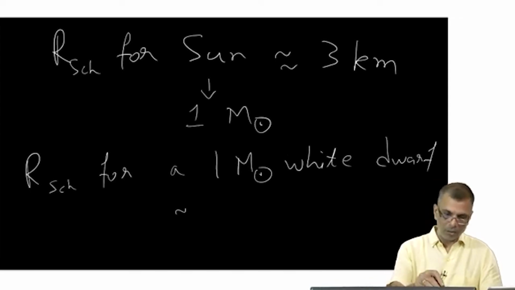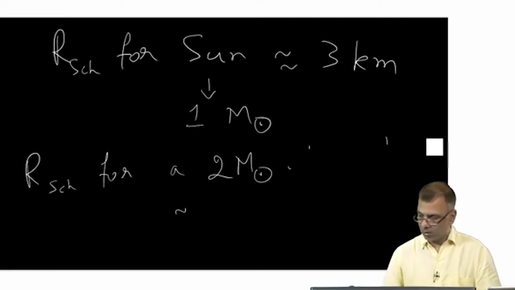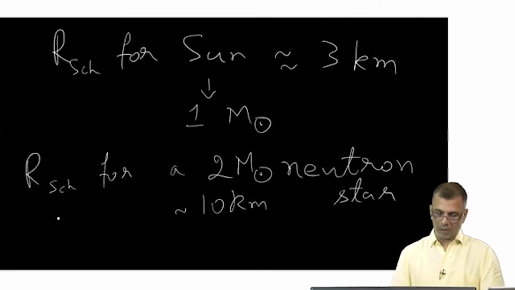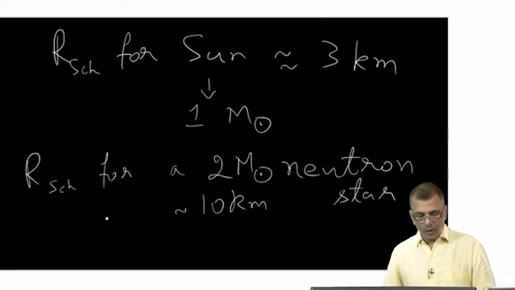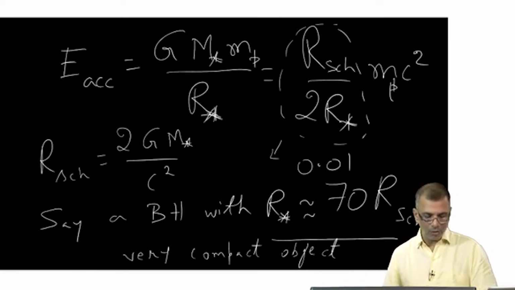Let me erase both of these. Let me write down. Okay, this would be something like 10 kilometers, the R star. So the point is, you need really compact objects in order to enable accretion, in order to extract energy via this process.